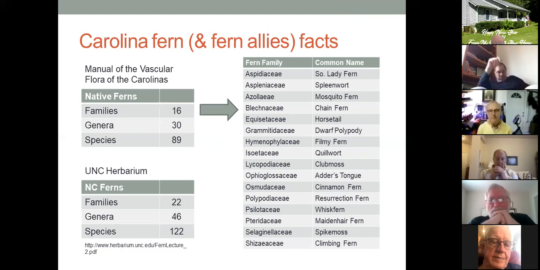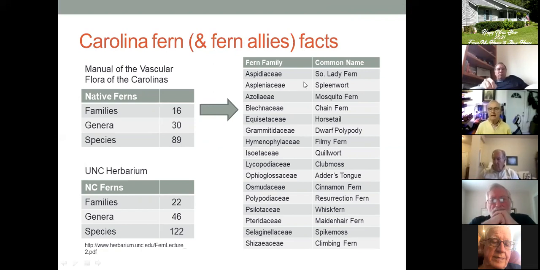I think that may be because the Manual of Flora is basically a key, and then the herbarium, of course, is showing both what is native and what is invasive. So that may account for the higher numbers on the herbarium website.